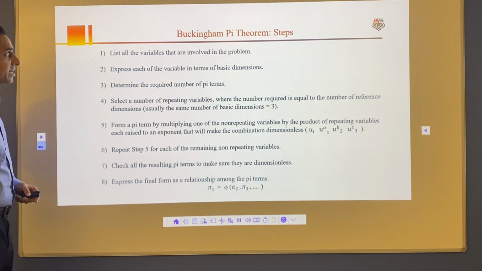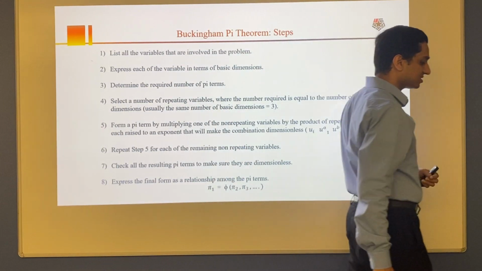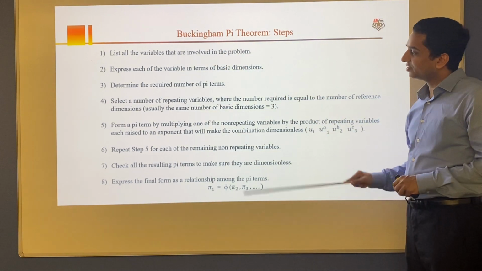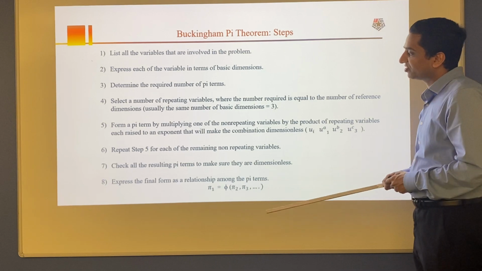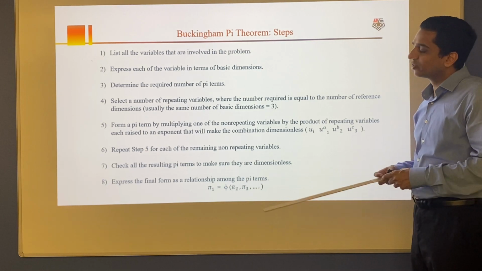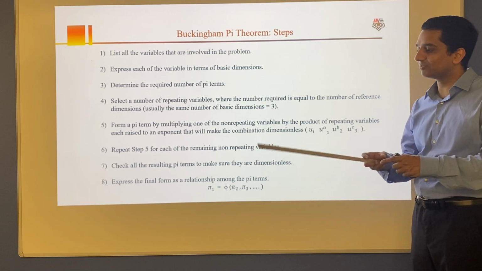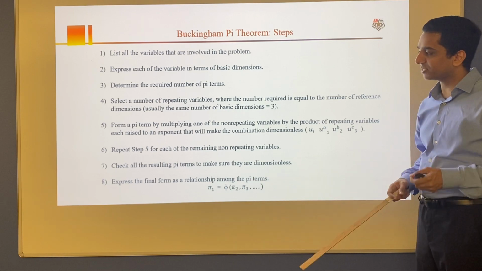What Edgar Buckingham said is to follow these 8 steps. He gave us 8 steps, and if you follow them you should be able to get the dimensionless parameters pi 1, pi 2, pi 3. Once you have them, you can use those parameters to run your tests, your simulations or model testing, and to understand the relationship between model and prototype.